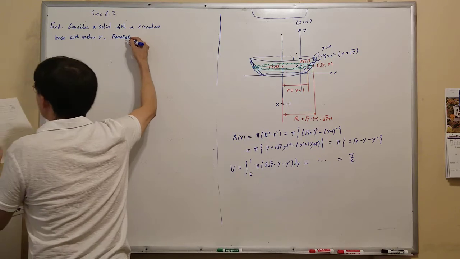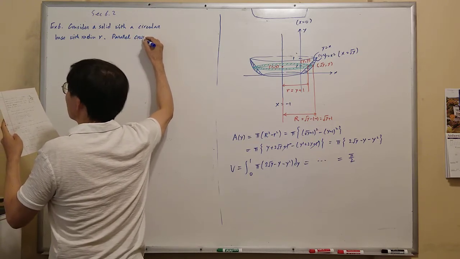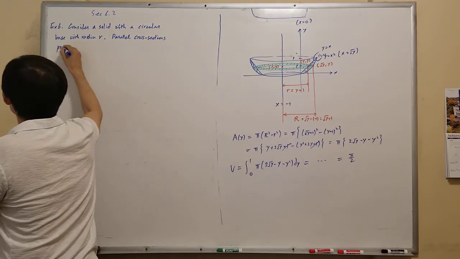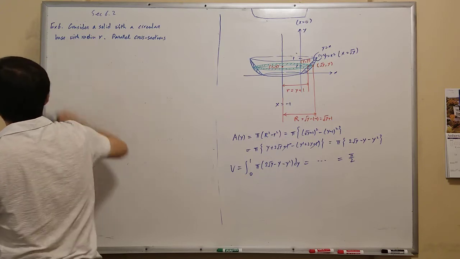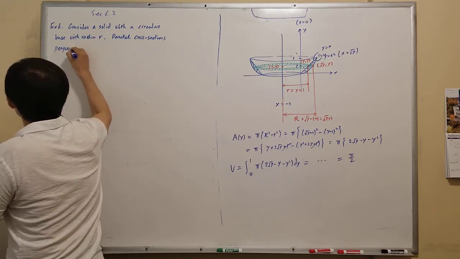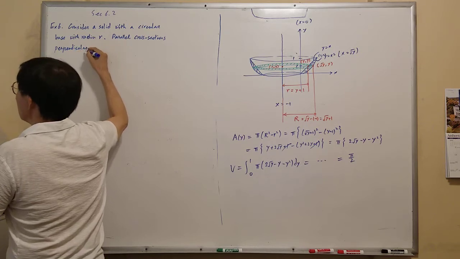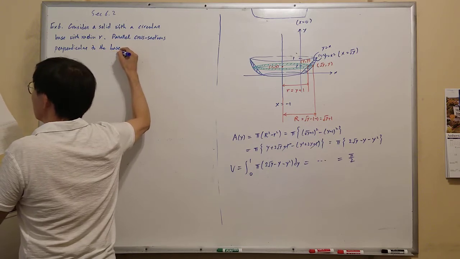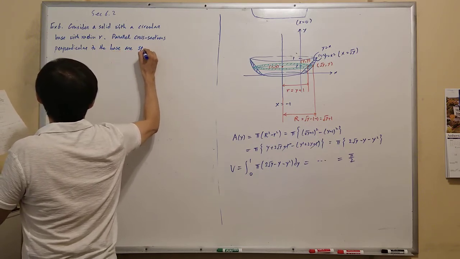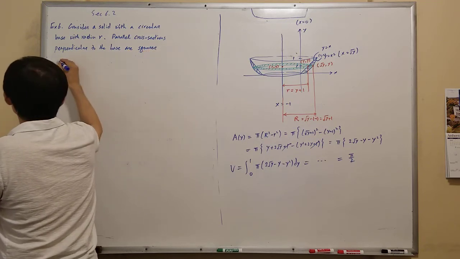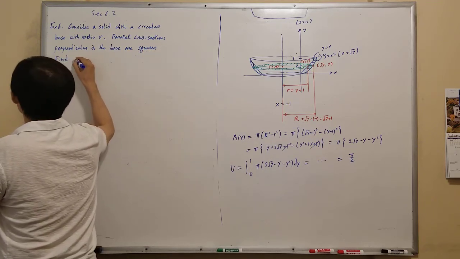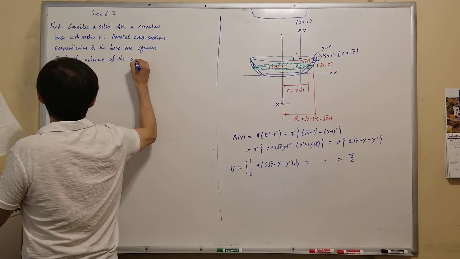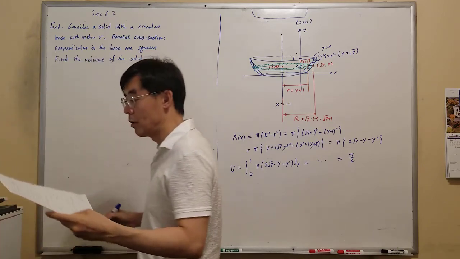Parallel cross sections perpendicular to the base are squares. Find the volume of the solid. Okay.